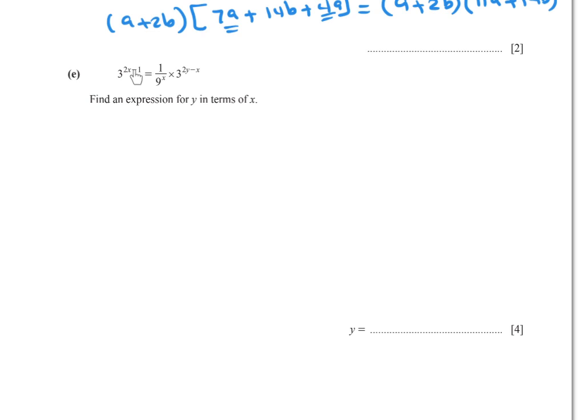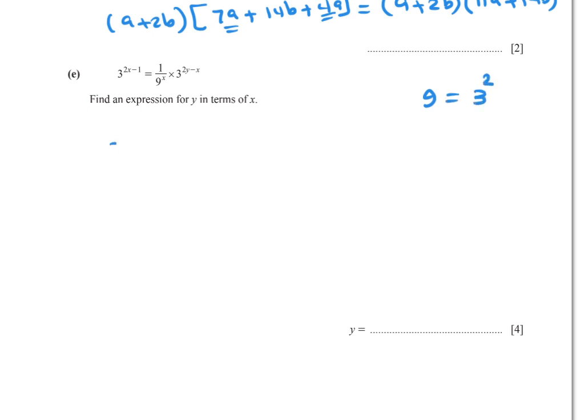Part (e). 3 power 2x minus 1 equals 1 over 9 power x times 3 power 2y minus x. Find an expression for y in terms of x. We need to make the same base for the left hand side and the right hand side. Now we have 3 and 3, but we need to change 9. 9 equals 3 times 3 or 3 power 2.